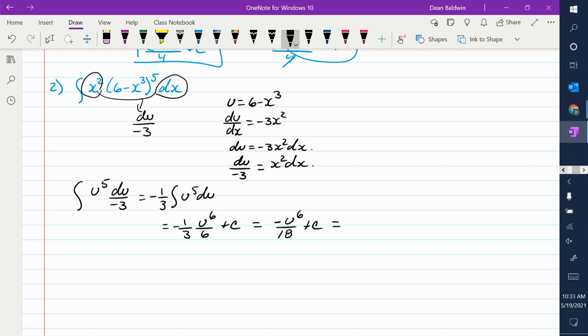Your final step is to put back in what u was. So it's 6 minus x cubed. Sorry? Oh, sorry, thank you. Yep, to the power of 6. And there you go. And you can always check it by doing the derivative, which I'm not going to do.